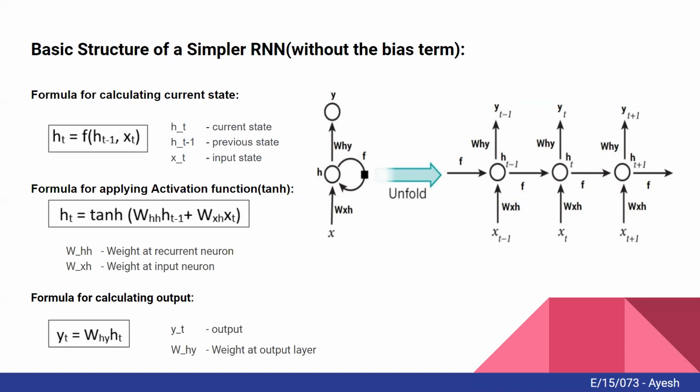The formula applies an activation function, a tanh function, which squashes values to between -1 and 1, and includes a weight for the recurrent neuron and a weight for the input neuron. I will explain the process in the afterward slides. For calculating the output, yt is the output, and there's a weight applied to the current state, and it will give you the output without the bias term.